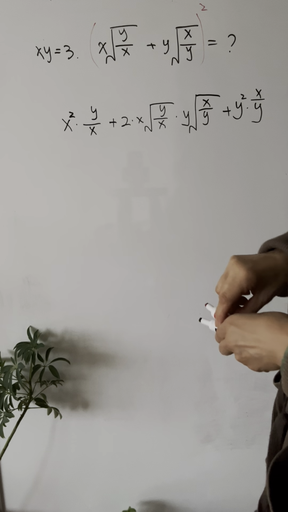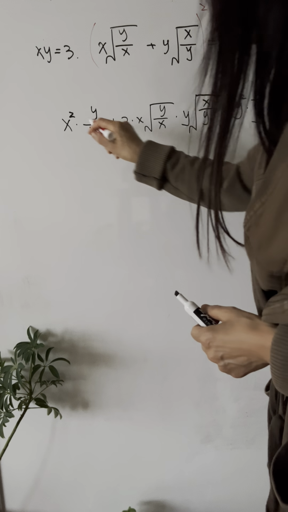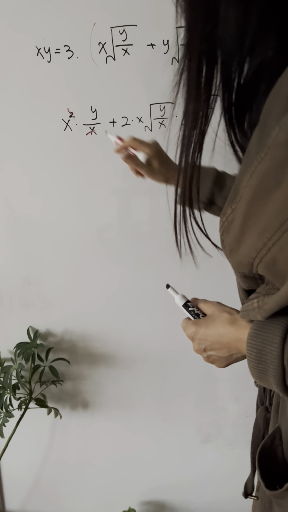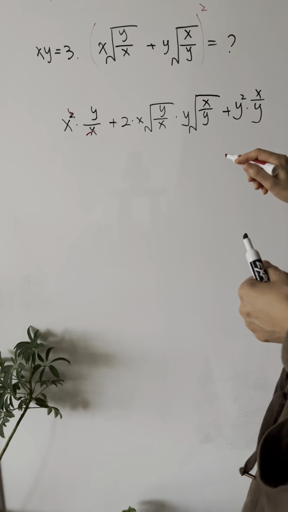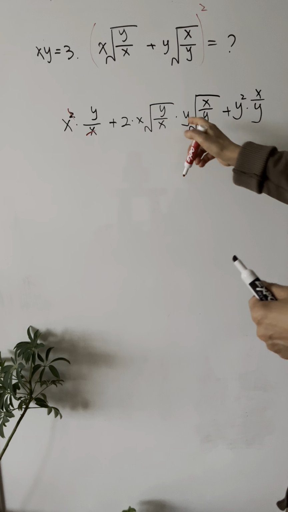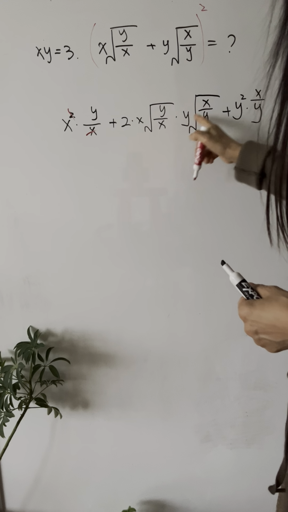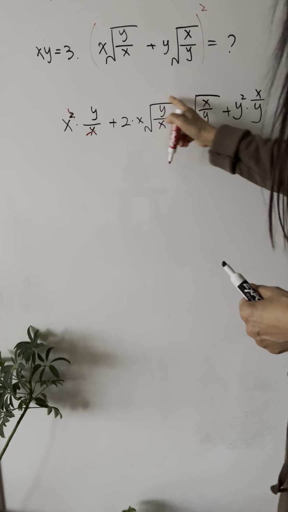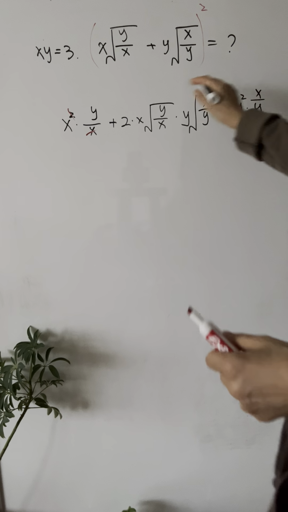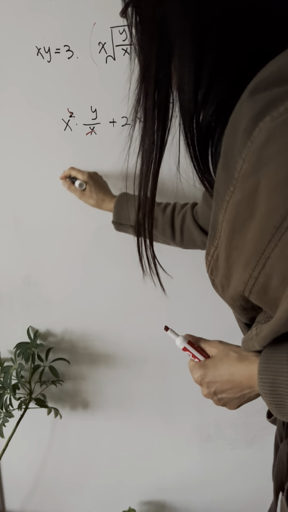Well, let's simplify a little bit. So x squared, x simplified. And we see this one, x times y. Then we have y over x times x over y inside the square root. They should be cancelled. Well, let's write this.